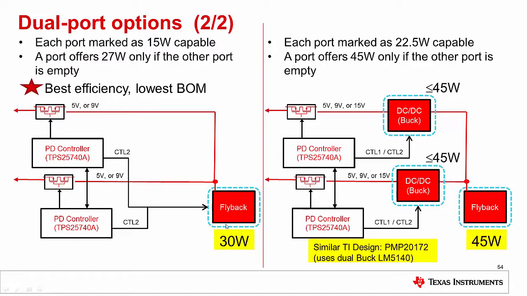So in this case, the flyback only needs to be a 30 watt capable flyback, and you get a much simpler system. You improve efficiency and you reduce the BOM cost with this approach.